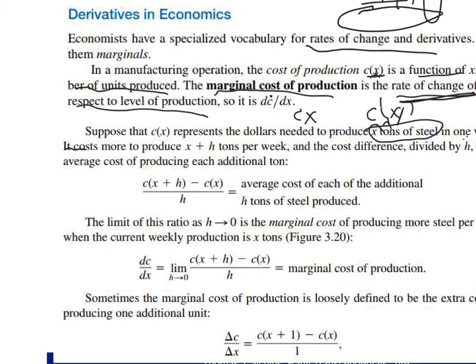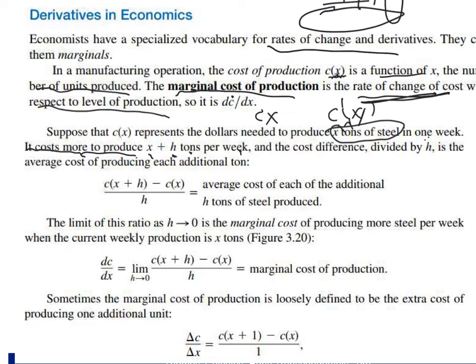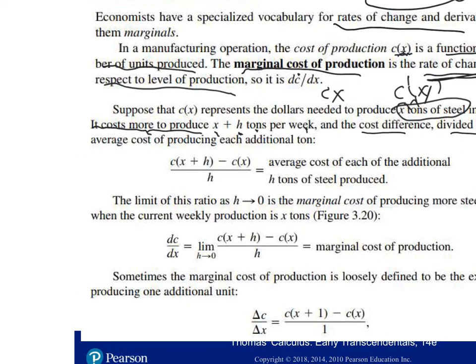It costs more to produce X plus H tons per week. Well, of course, if you're making more than the 25, it's going to cost more to get there. And the cost difference is divided by H. And that means you get an average cost of producing each additional ton. That's a key word right here, additional ton.